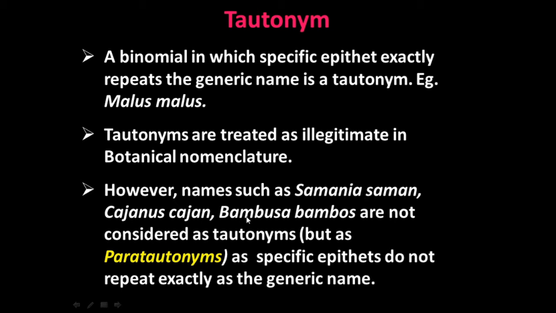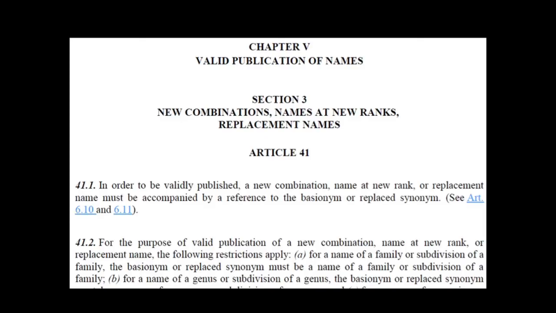Cajanus cajan, Bambusa bambos are not considered as tautonyms, but they are considered as paratautonyms, and they are not illegitimate. They are legitimate names, but tautonyms are illegitimate, and they should be rejected, as the specific epithet repeats exactly the generic name. So tautonyms are names in which the specific epithet exactly repeats the generic epithet.